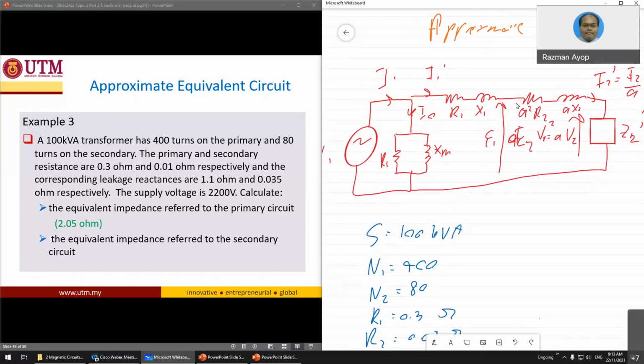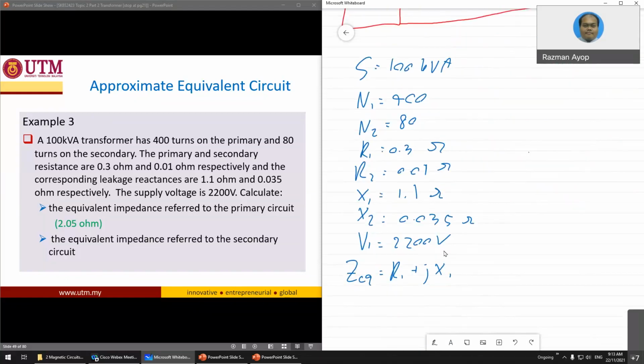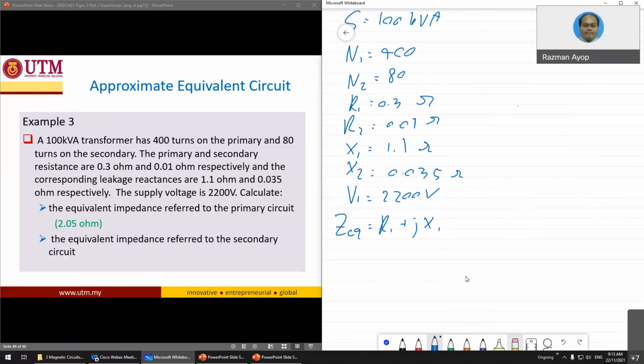So this one is Z2 and this one is Z1. ZEQ is just Z1 plus alpha squared Z2. Z1 is 0.3 plus j1.1.